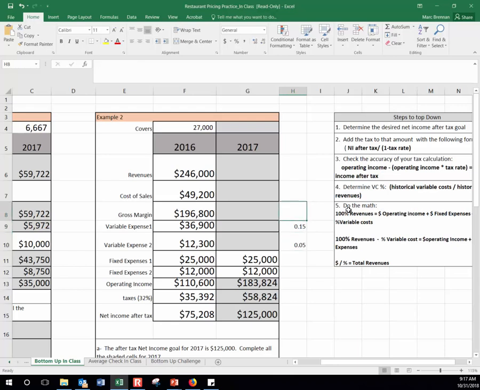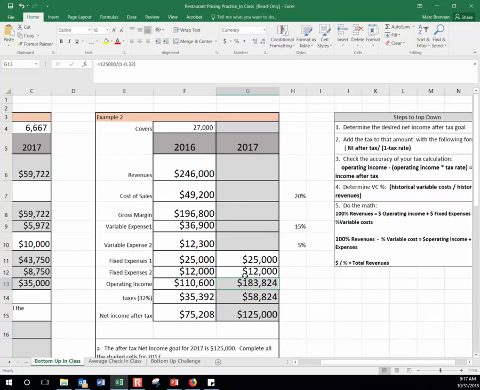And that's 15% of that number. And then $49,200 divided by $246,000. If I were to make these all into percentages, these are the percentages that these variable expenses were of total revenues last year, and that's what I'm going to use this year.